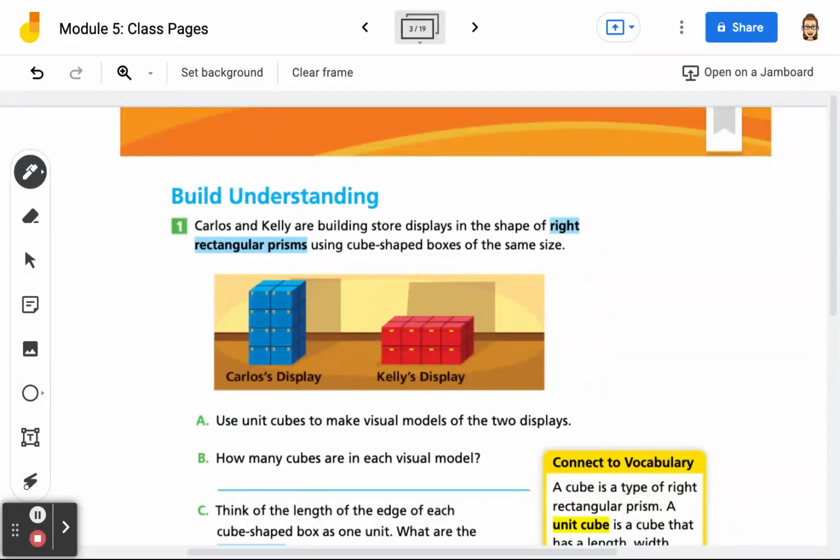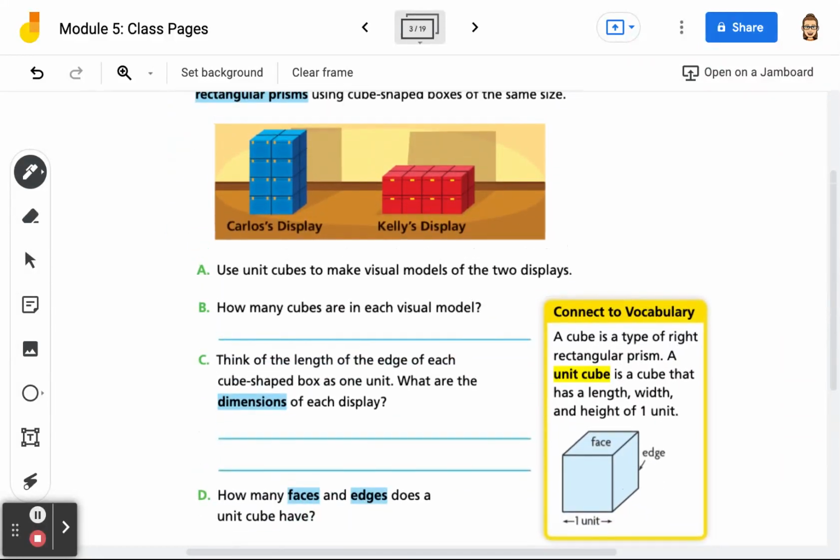Okay, build understanding. Carlos and Kelly are building store displays in the shape of right rectangular prisms using cube-shaped boxes of the same size. So we have Carlos' display and we have Kelly's display. If you have unit cubes, you can make visuals to show the two. But we're going to look at how many cubes are in each visual model.